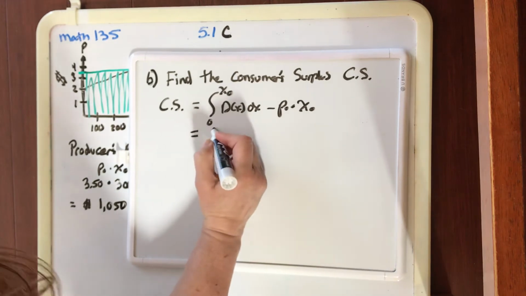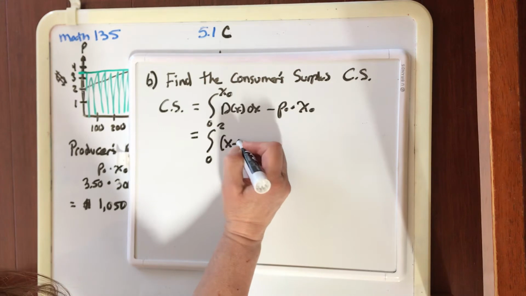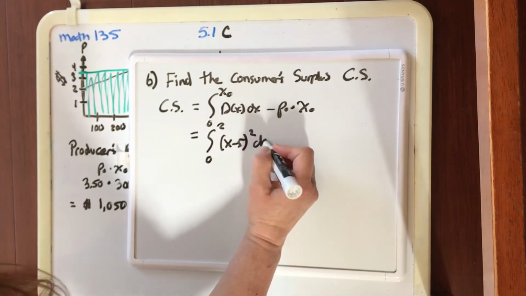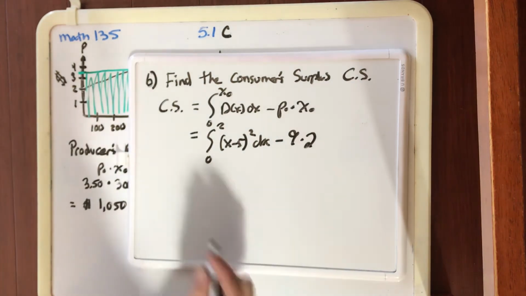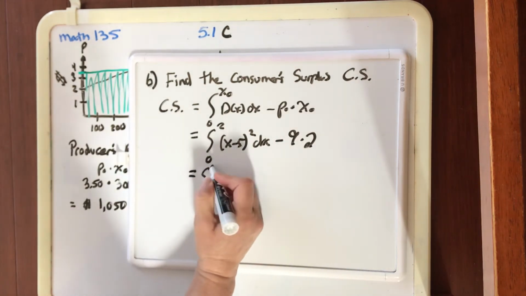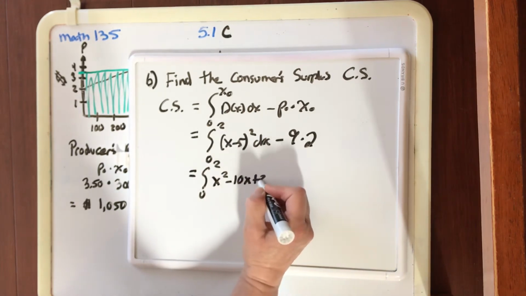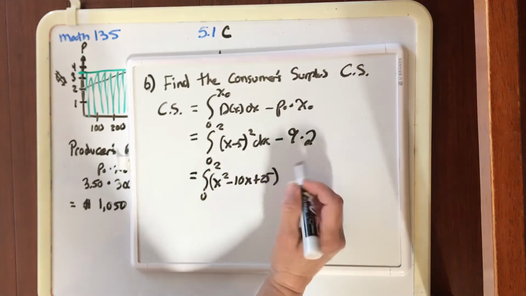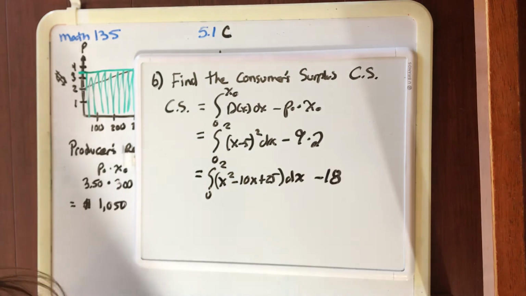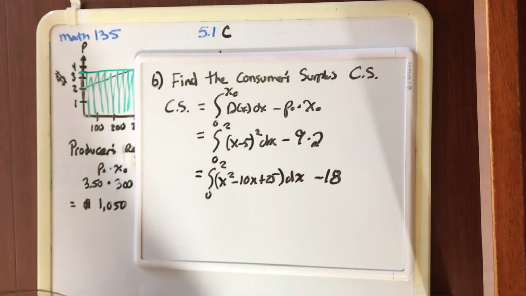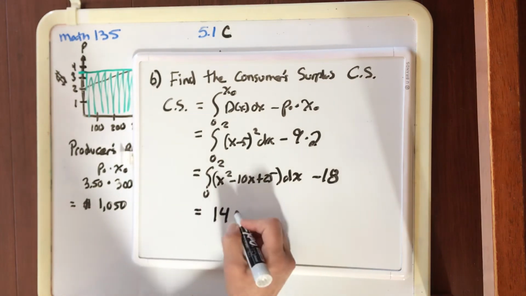So in this problem, we're going to integrate from 0 to 2 of (x minus 5) squared dx minus 9 times 2. Okay? So we're going to integrate from 0 to 2 of x squared minus 10x plus 25 dx minus 18. All right, so when we do all of that, which you know how to do already, the answer is 14 2/3.